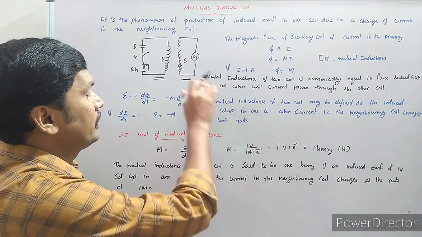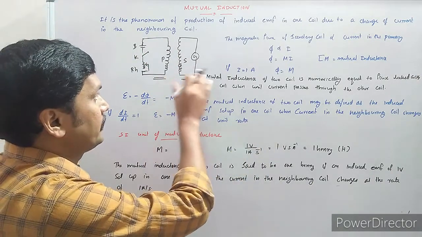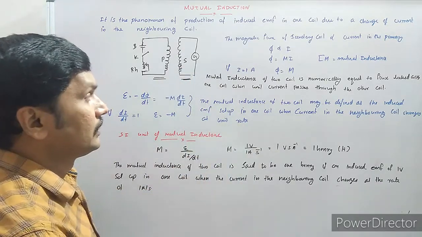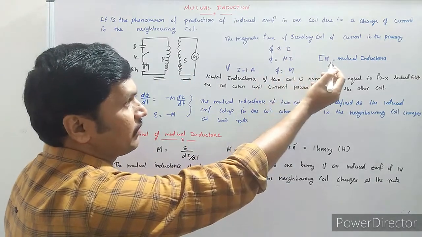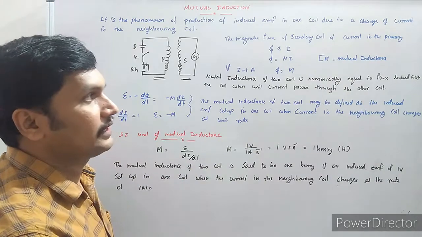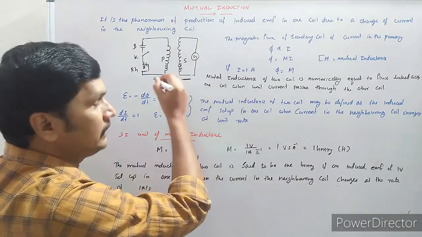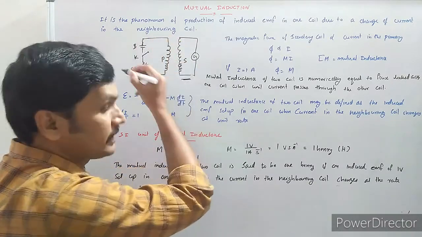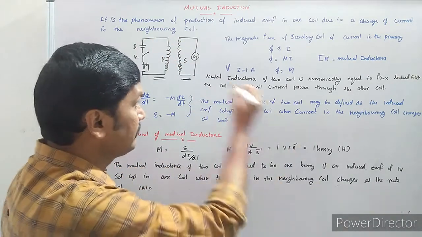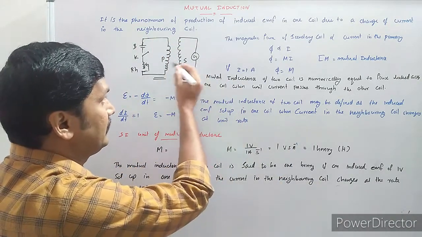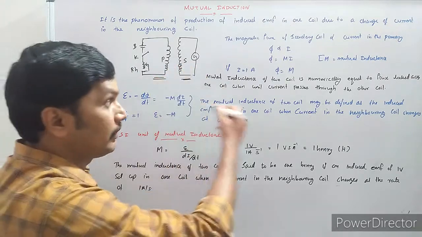Now let us find the coefficient of mutual inductance. The magnetic flux of the secondary coil is directly proportional to the current passing through the primary coil, because the secondary coil is in the magnetic field of the primary coil.